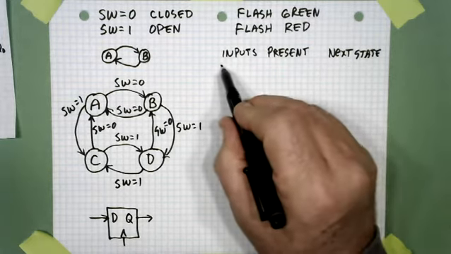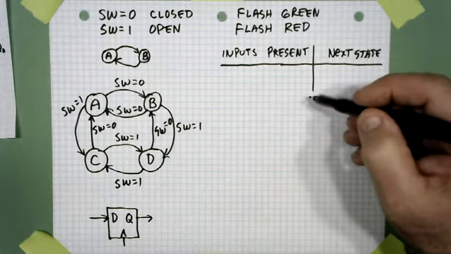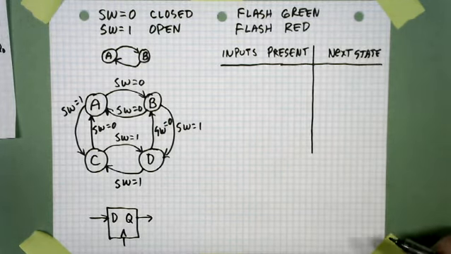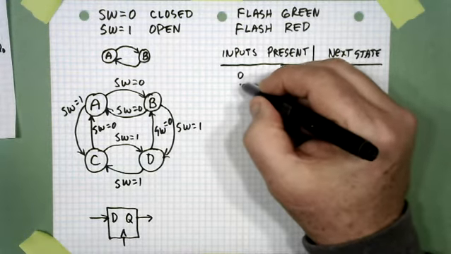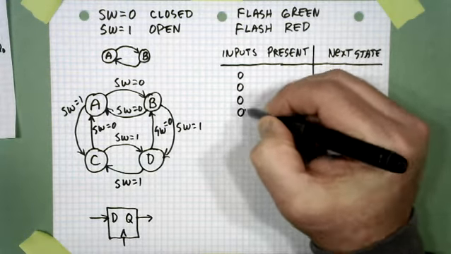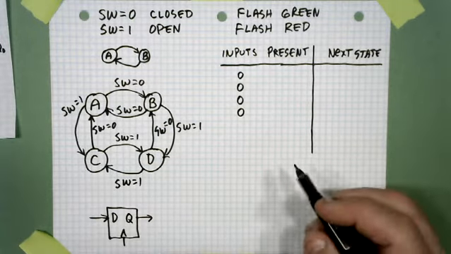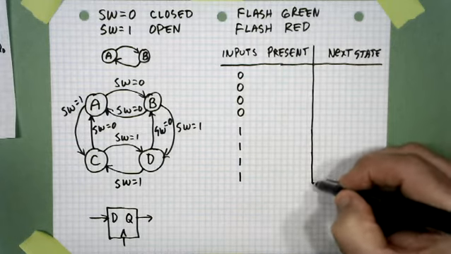Having done this, now we can just write down every possible combination of present states and input states to get our state transition table done. We only have one switch, so we know there's 4 possible states that we could be in with the switch closed, and there's 4 possible states we can be in with the switch open.